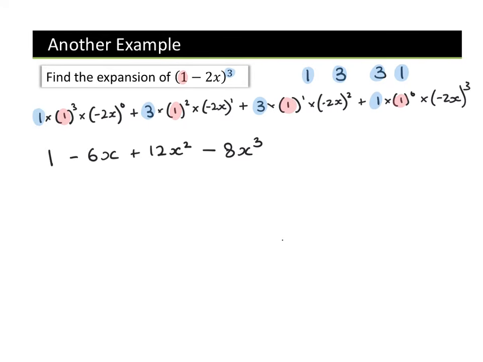Then our second term, now it's minus. If it was a plus, you wouldn't have to include the sign because it's a positive number, but this is a negative. This is what is also going to be in each term. But in this case, the power is going to ascend, starting at 0, 1, 2, 3.